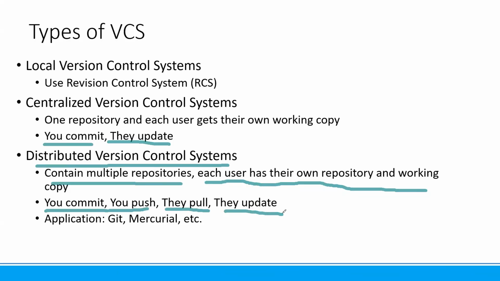Not only one person can update or commit, but many people can do all the Git functions. Using distributed version control, we need help from a tool like Git, or another tool called Mercurial. Nowadays there are many tools. So I'm just giving you a very simple overview about Git.